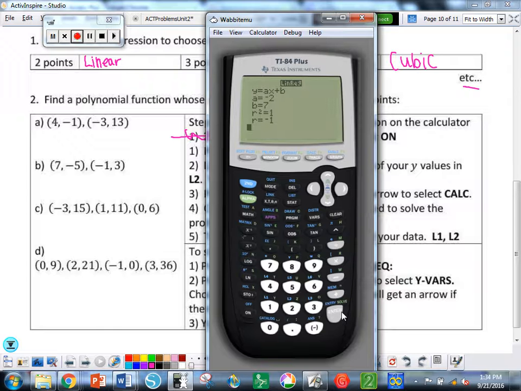If your b and your a is wrong or different than mine, go back to your list. Did you put them in the right order? Did you put 4? Oh, did I screw up? No. The 4 goes with -1. The -3 goes to 13. So if any of these digits are wrong, your A's and B's will be different than mine.